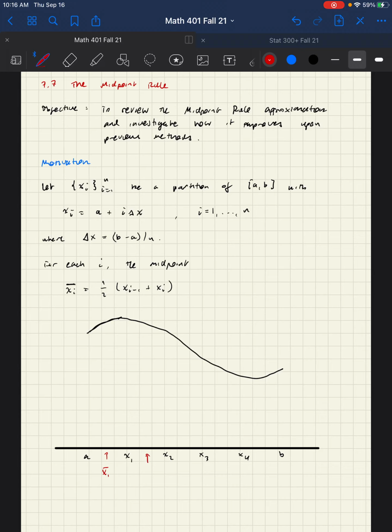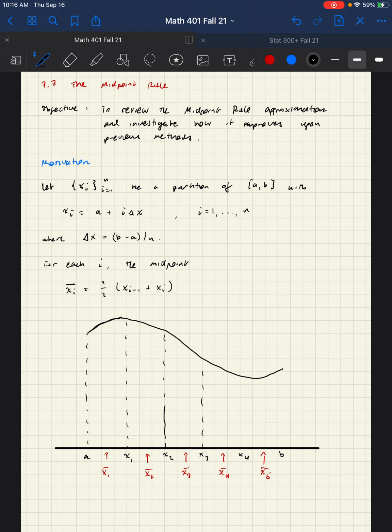Here's x sub 1 bar, which is the midpoint of x sub 1 and a. And then x sub 2 bar, x sub 3 bar. It's literally the number directly in the middle of each subinterval that we've created. So there should be one for each subinterval.